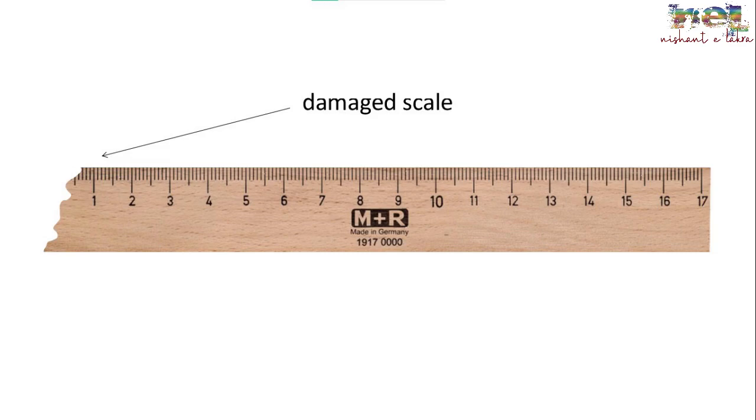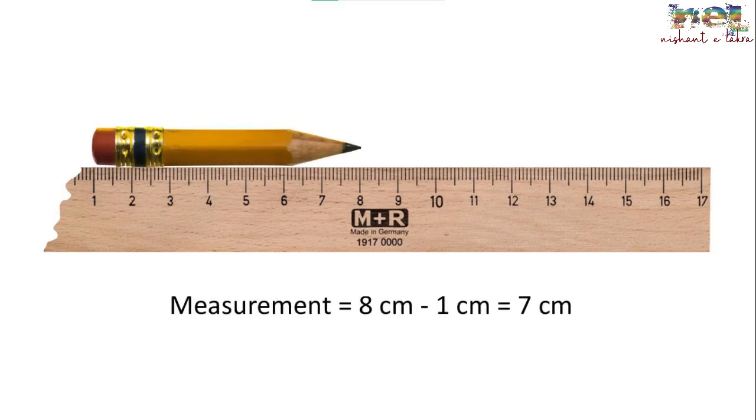In this case, we should measure the length of an object starting from 1 centimeter. If your scale is broken, that means the zero mark is not readable, then you can measure the length of an object starting from the 1 centimeter mark of the scale.